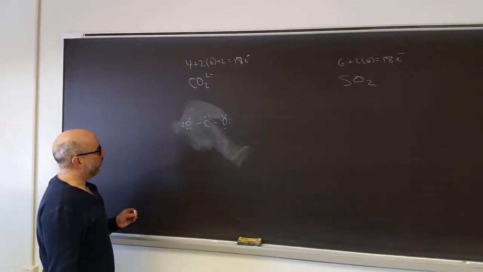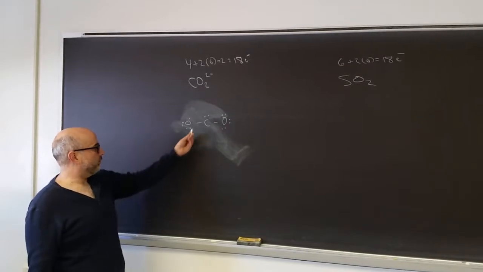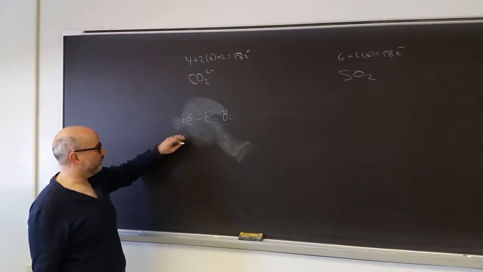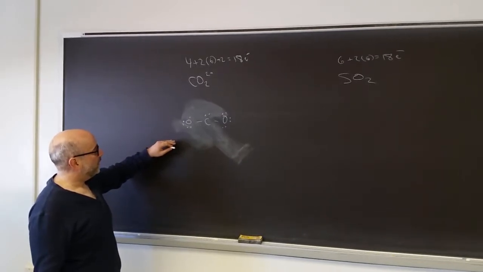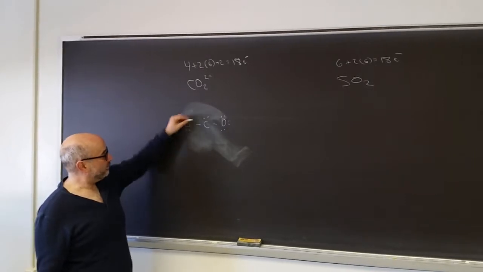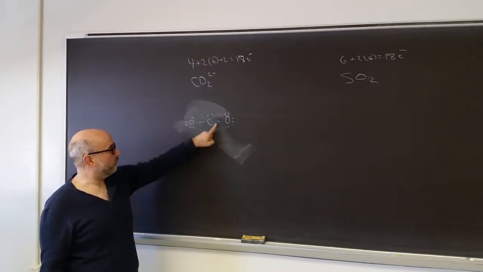So I'll start with the octet rule. For octet counting, the electrons are actually shared. So both oxygen atoms have 8 electrons via the octet rule, and the carbon atom actually only has 6. The 2 unshared electrons, and then the 2 coming in from the bond.